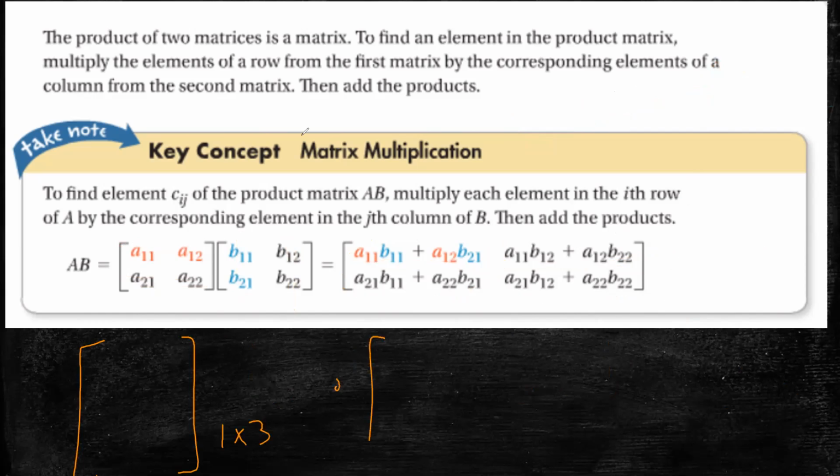And if I multiply it by a new matrix whose dimension is 3 times 5, look at them. They can be multiplied, and it's okay.